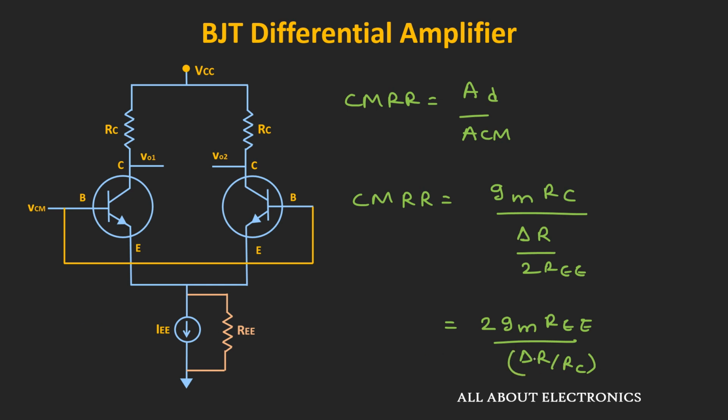So from this, as you can see, for the CMRR to be very high, the value of this RE should be very high and the value of this delta R should be very small. That means whenever the differential pairs are matched perfectly and the output impedance of this current source is very high, at that time the value of the CMRR is very high.